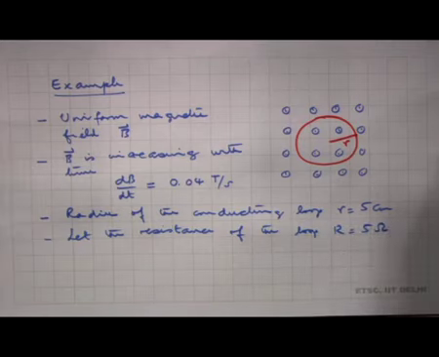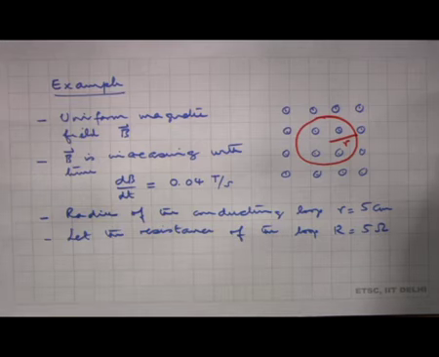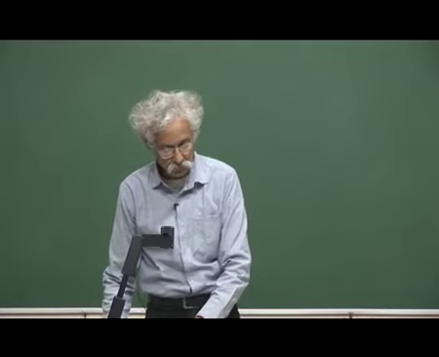So, I have a conducting loop of radius 5 centimeters placed in a uniform magnetic field that is increasing with time, and the resistance of that loop is 5 ohms.